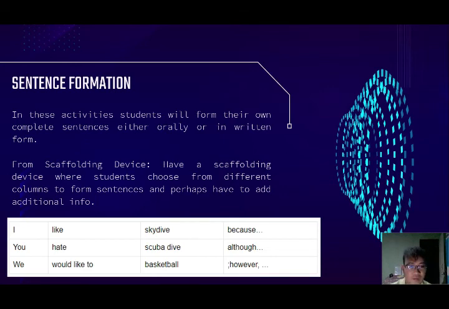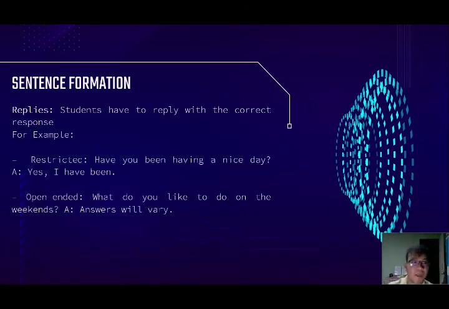For example, we have here I, you, we, like, hate, would like to, skydive, scuba dive, basketball, because, although, however. So there are already sets of starting words, or starting a sentence, where students will just have to add additional information to complete it. So this is for the sentence formation.